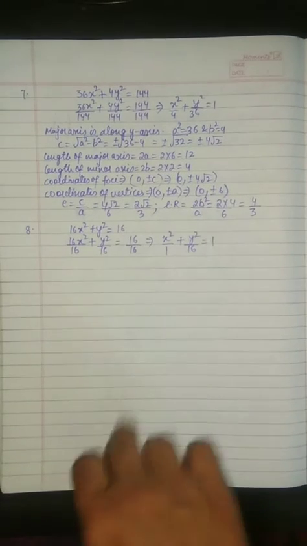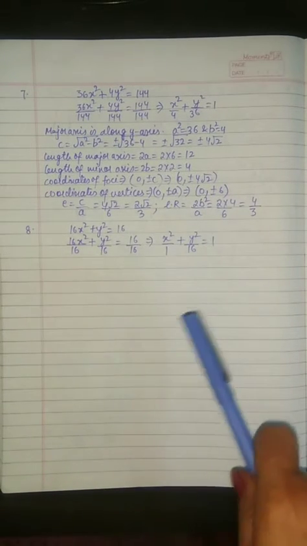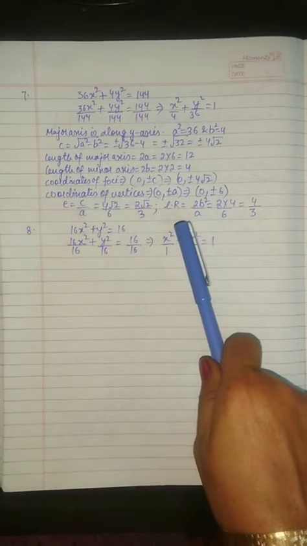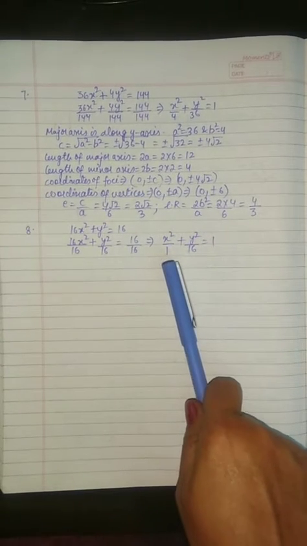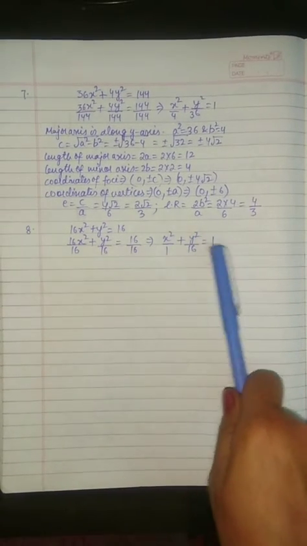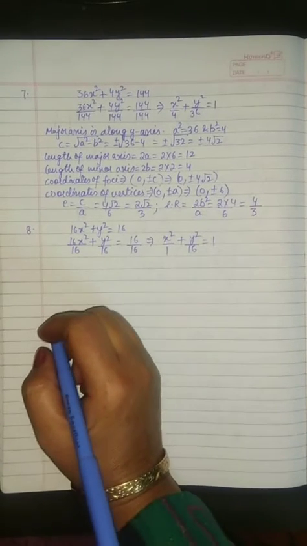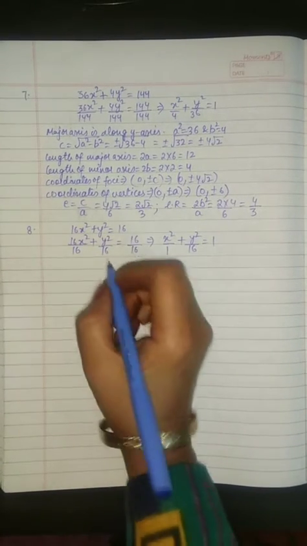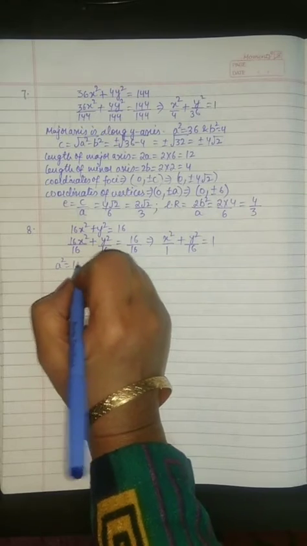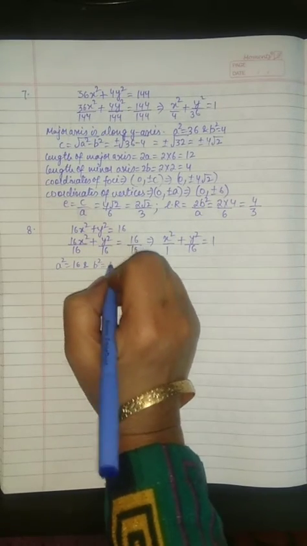Now when we compare this equation with the standard equation of ellipse, x square upon b square plus y square upon a square is equal to 1, we get that a square is equal to 16 and b square is equal to 1.